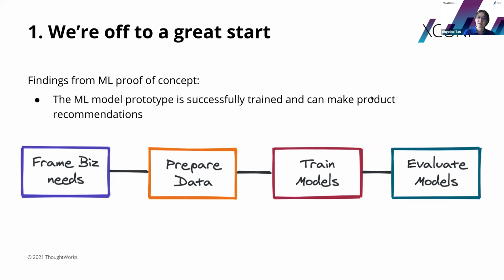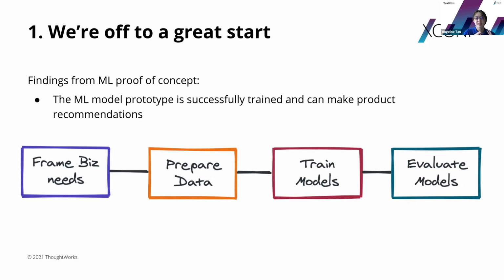Okay, so we're off to a great start. Dana and her team spent a few months, and what they've done is they've gathered business requirements. They've also managed to train a prototype recommendation model. Next, they have also validated that this model could be used to resolve business needs.